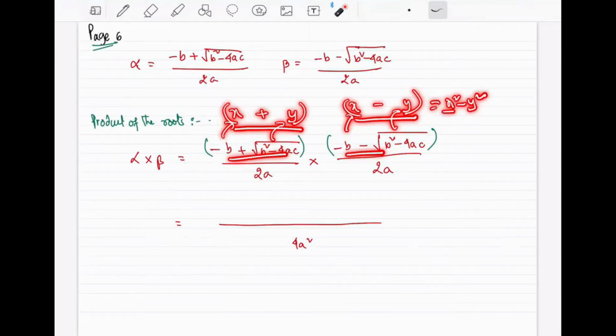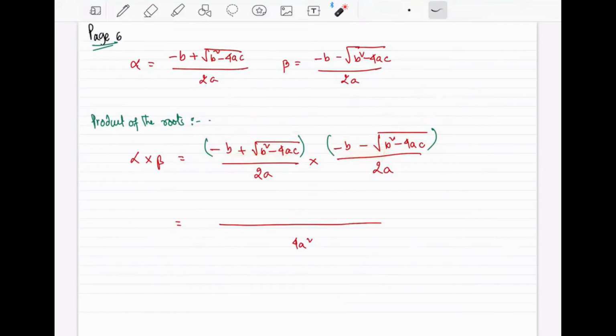What is x? X is minus b. Y is root over b square minus 4ac. Get it? So instead of x, we have got minus b here, so there is a whole square. Then y square will be, y is this portion as a whole, so we will put root over b square minus 4ac whole square.